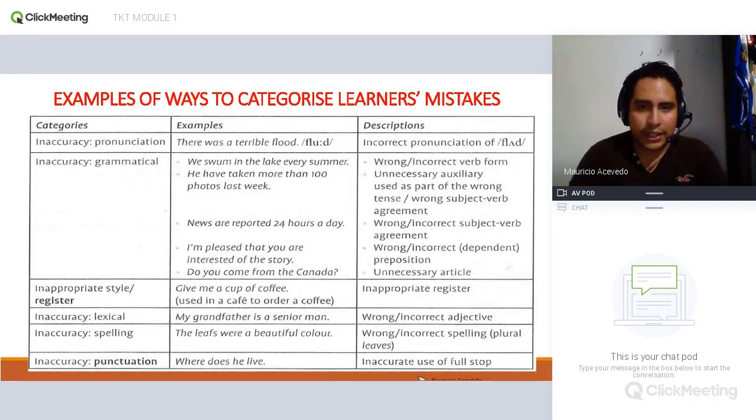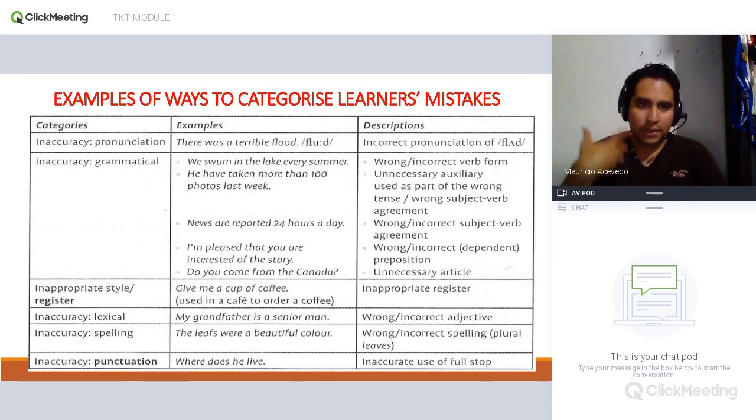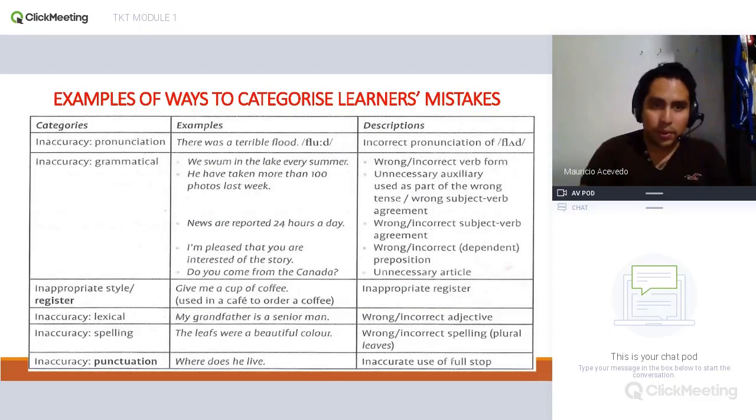You see here in the example, plural leaves. Inaccuracy of pronunciation. "Where does he live?" For example, they say "where does he live," no, you need to have the pronunciation, "Where does he live?" with a question mark, and there is no full stop. Okay, very good.